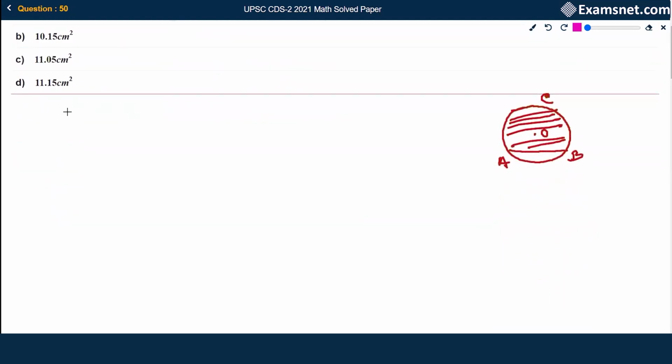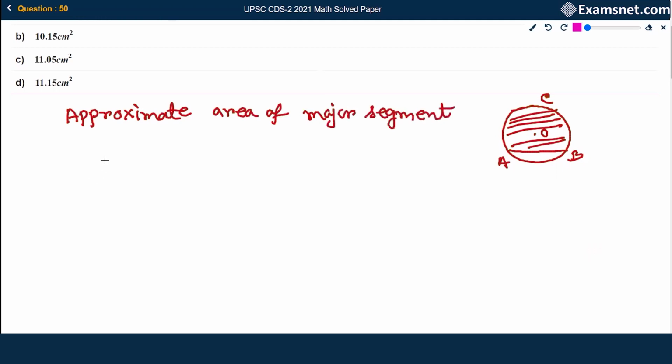The approximate area of the major segment of the circle is the area of the circle minus the area of the minor segment.